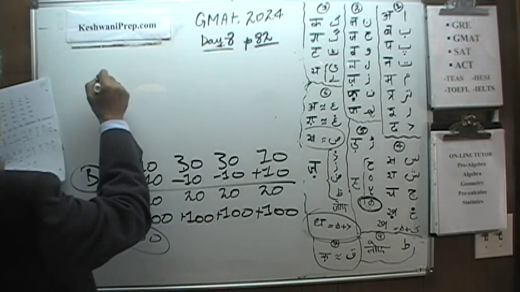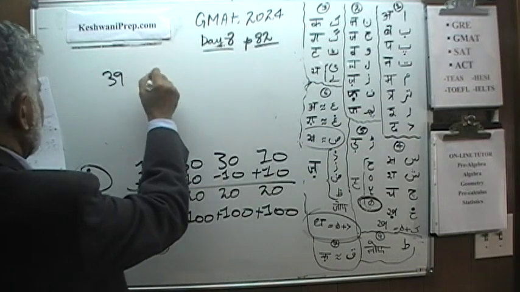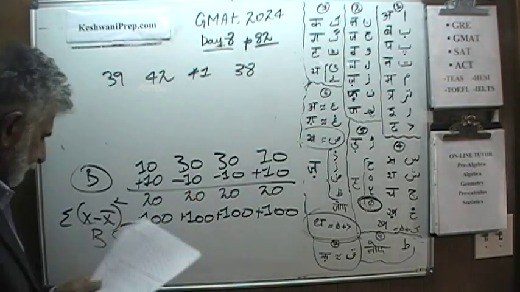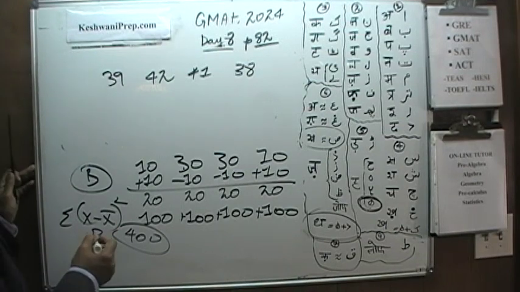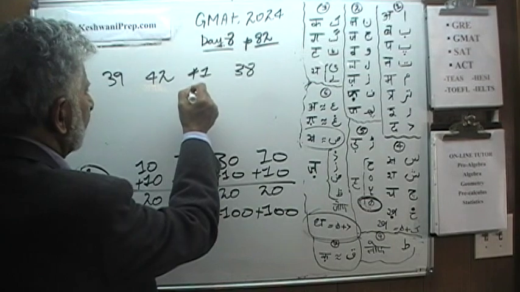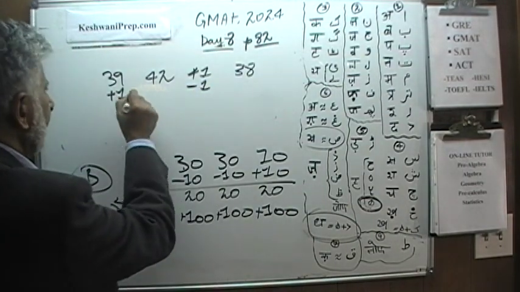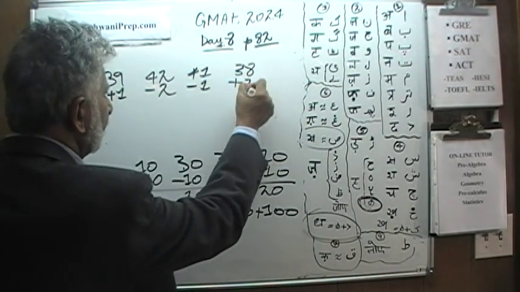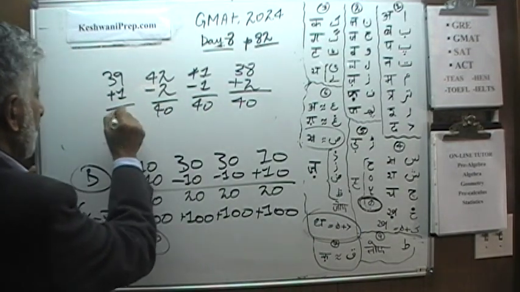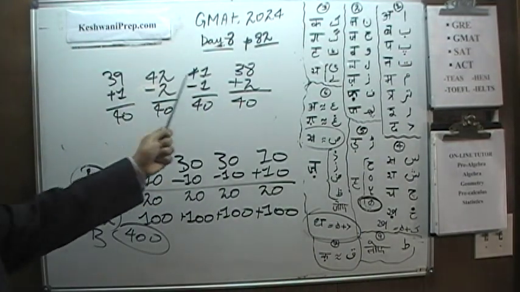Let's look at D. 39, 42, 41, and 38. The average is going to be 40. Take 1 from this one, give it to this one. Take 2 from this one, give it to this one. You see, it's 40. But as you can see, if the average is 40, they're all clustered around 40.